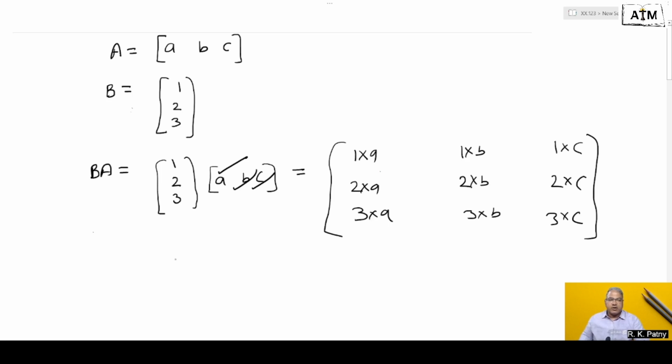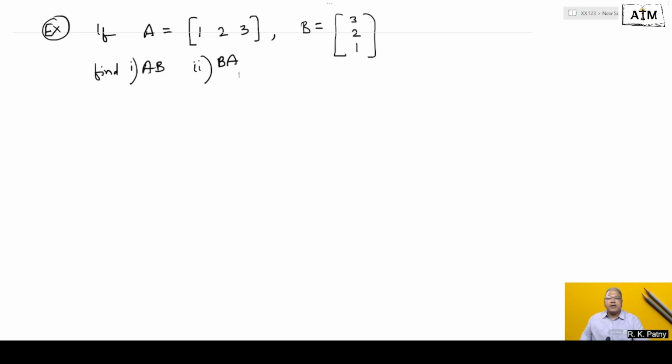Let us take one example. Here is the next example. A is given, B is given. We need to find out AB and BA. Solution.